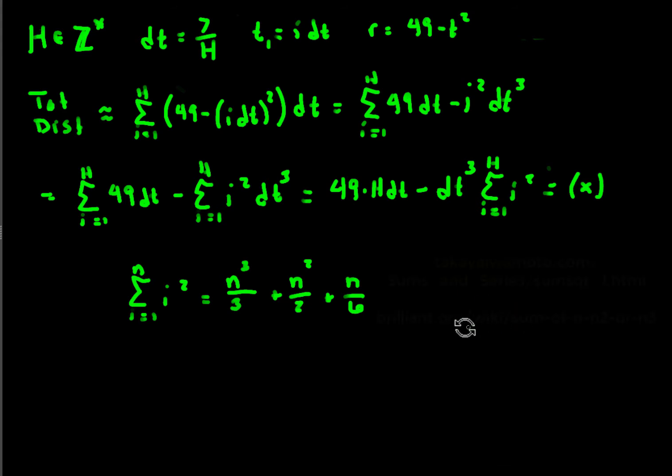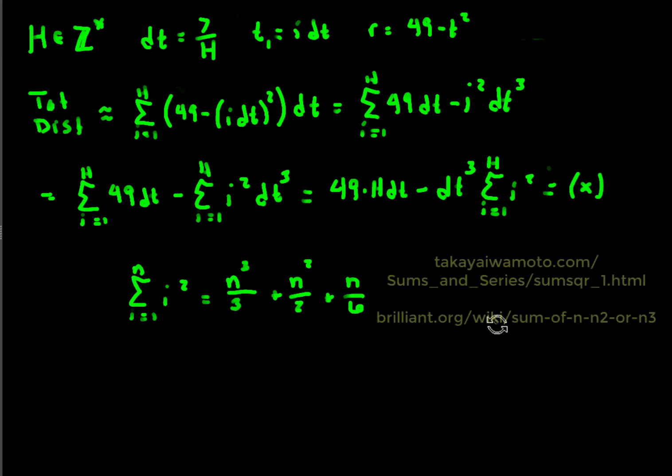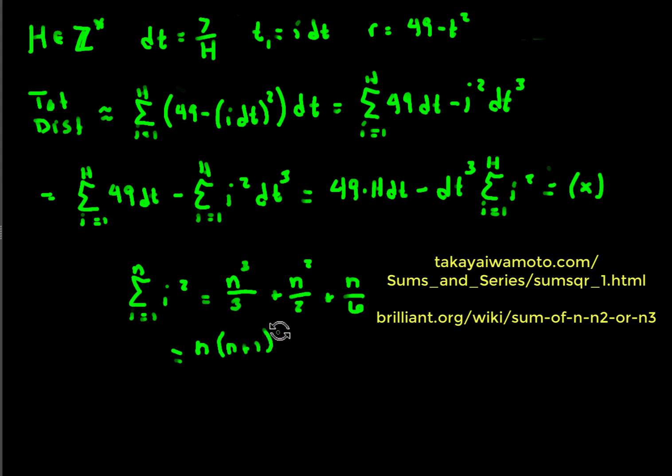In fact, here's a link to a website that will demonstrate through a nice geometric argument why this should be the case. Typically, this is actually written in this form. If you combine these fractions, you get n times n plus 1 times 2n plus 1 over 6. Though this form right here is going to be better for our purposes.